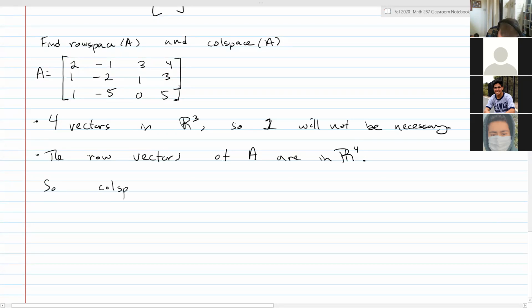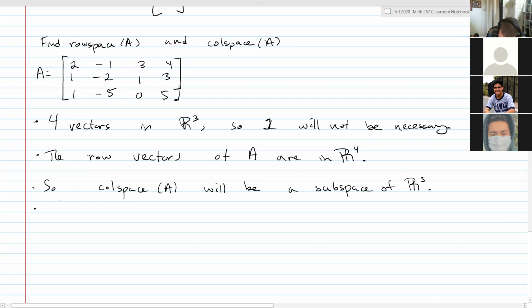So the column space of A will be a subspace of R3, because its vectors are in R3.